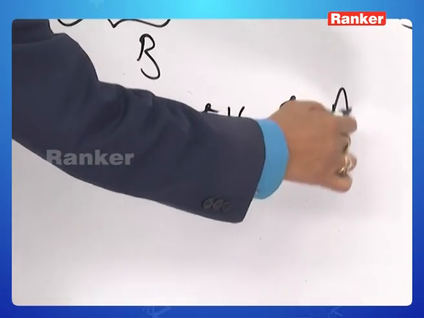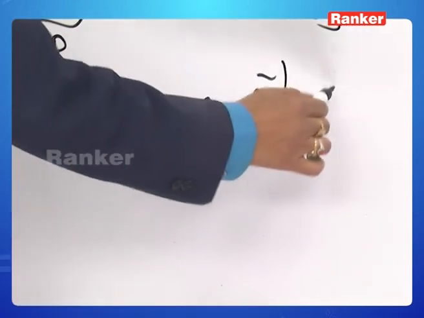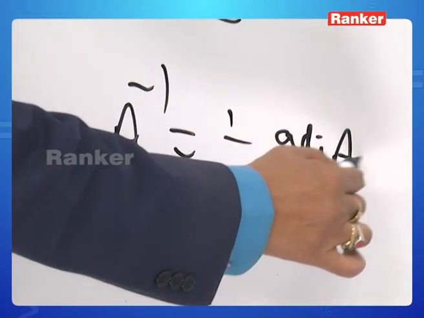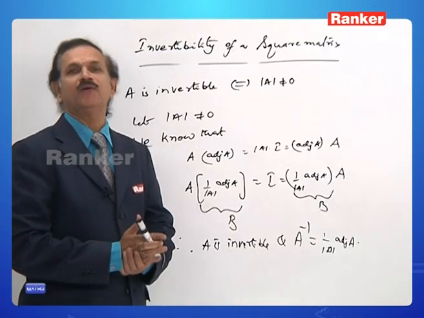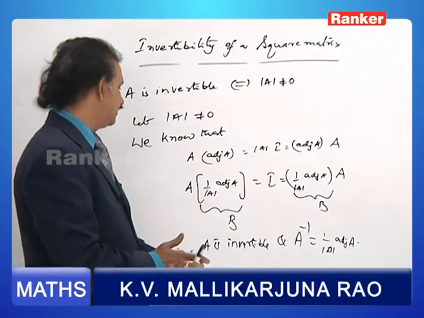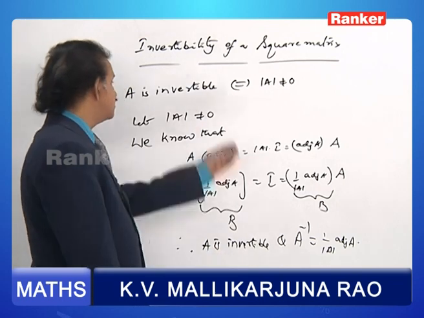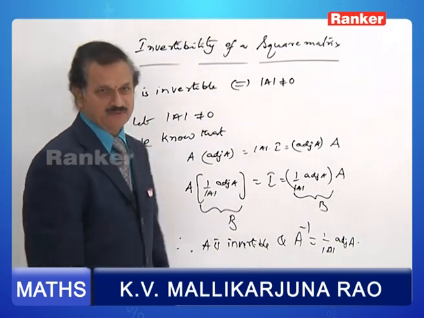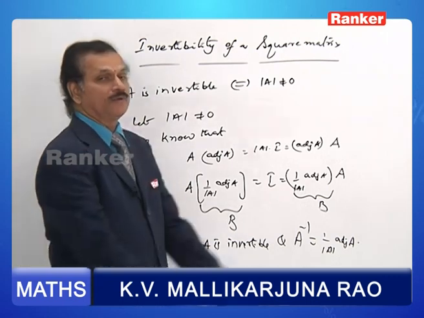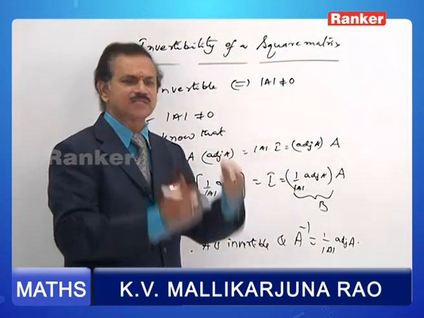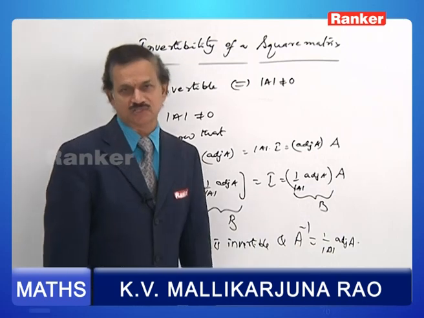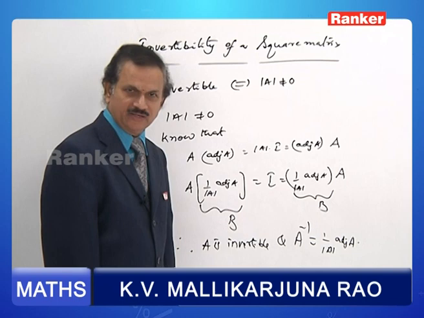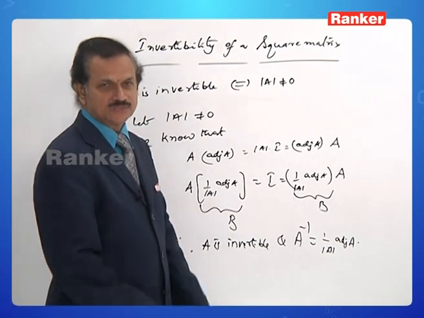And A inverse is equal to 1 by det A into adjoint A. We have. So, A is invertible means det A not equal to 0. Det A not equal to 0 means A is invertible. And from this discussion, we could have recollected a famous formula of A inverse. How to get A inverse? 1 by det A into adjoint A is A inverse.